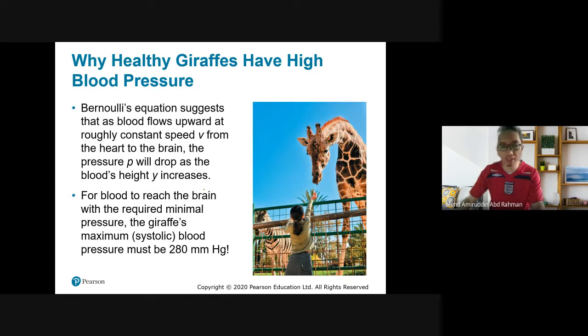So even though it is a very high pressure, that's actually the standard blood pressure of the giraffe. This happens when we apply Bernoulli's equation: when the blood flows upward at roughly constant speed v from the heart to the brain, the pressure P will drop as the blood height increases.